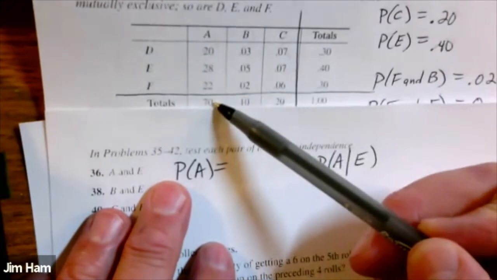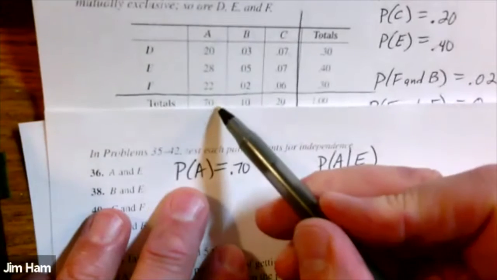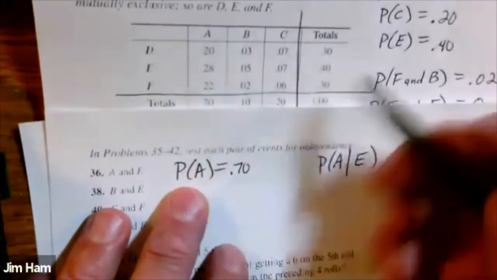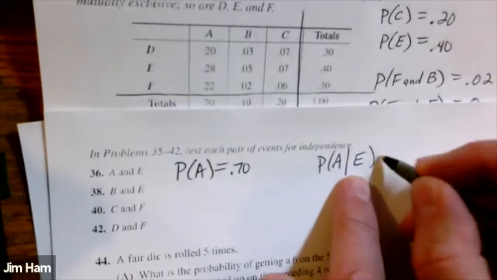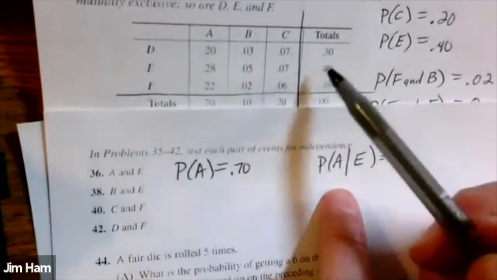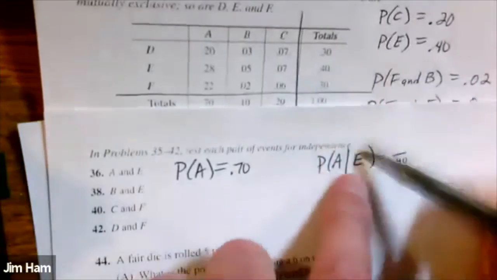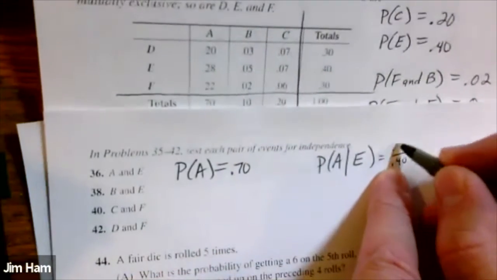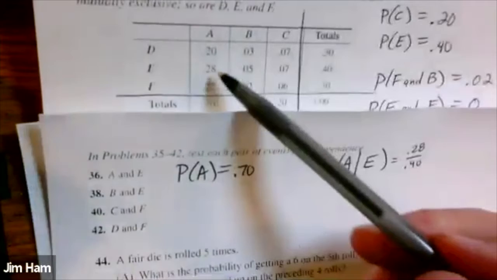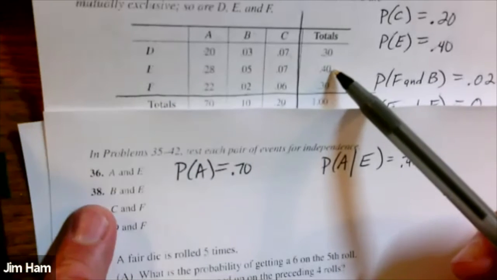The probability of A without regard to anything else is 0.70, just down at the bottom. And for the probability of A given E, of this 0.40, what's the probability that we are at 0.28? So there's A and E divided by E.